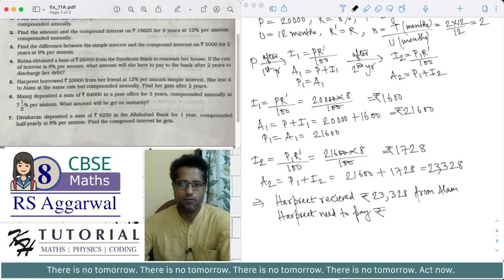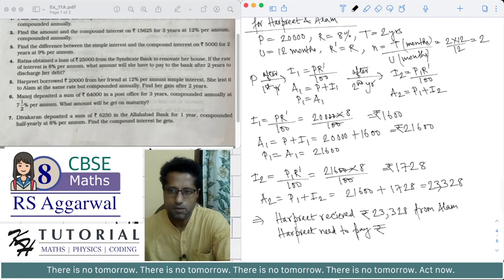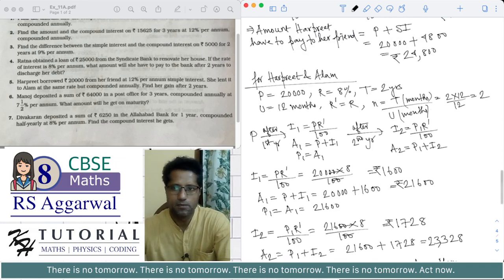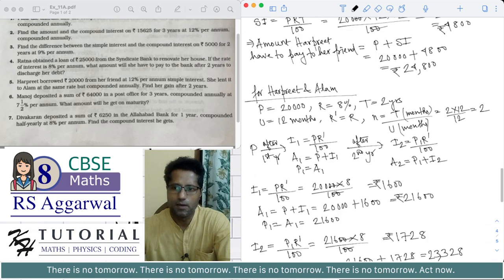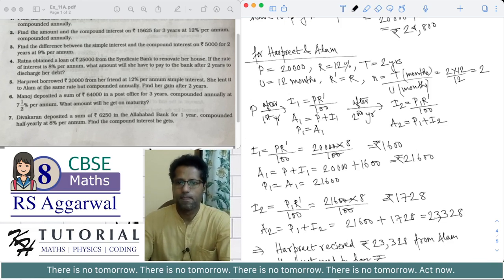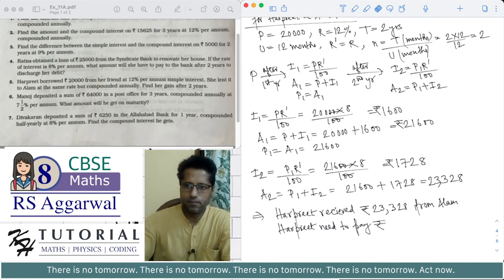So let me check if I calculated the compound interest correctly or not. For the compound interest, the original principal is 20,000. Why is the rate of interest 8? Sorry. The rate of interest is the same. This is 12.